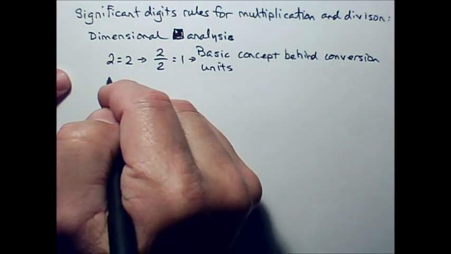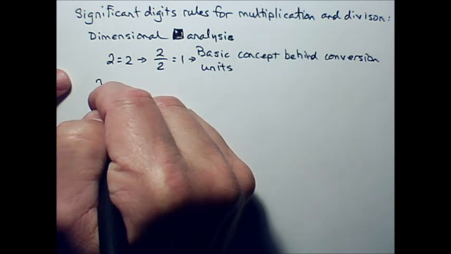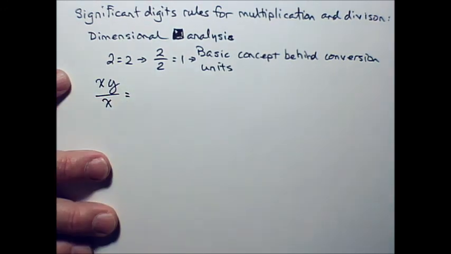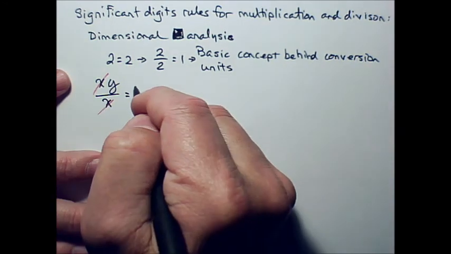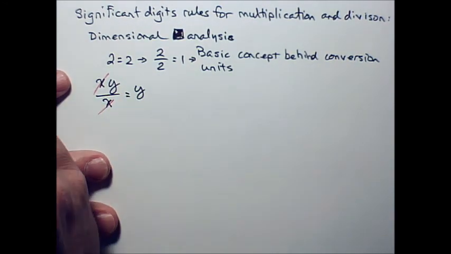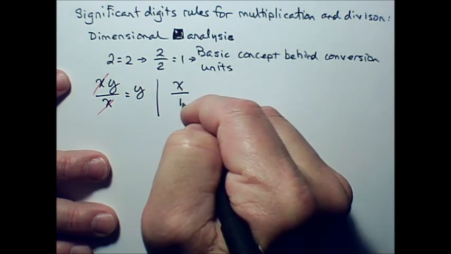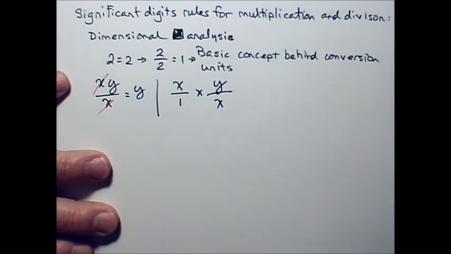If I have an algebra problem like this, can anybody tell me how to resolve that problem into a simpler form? Cross out the x's. And that's just y, isn't it? What about if I do this? What do I do now?